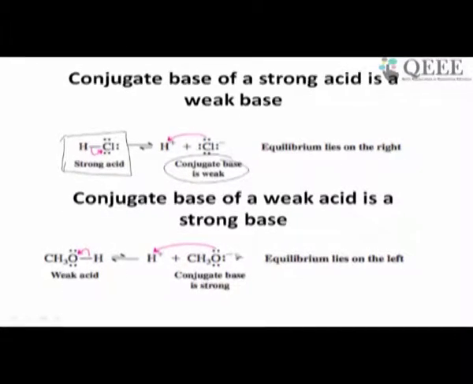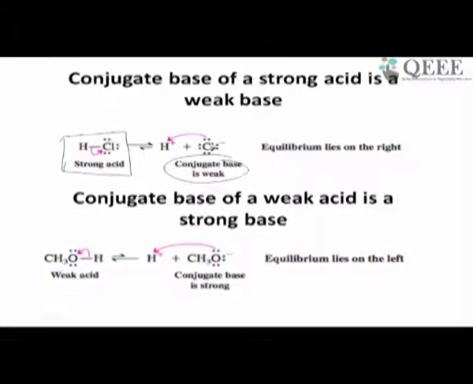It is negatively charged and wants to keep the proton, so the equilibrium is more towards the left side. The same thing can be explained here. This is a strong acid, so it dissociates and forms a conjugate base. This conjugate base is a weak base. That's why it is not able to hold the proton, and that's why the equation has a very small arrow on this side. It's a weak base.